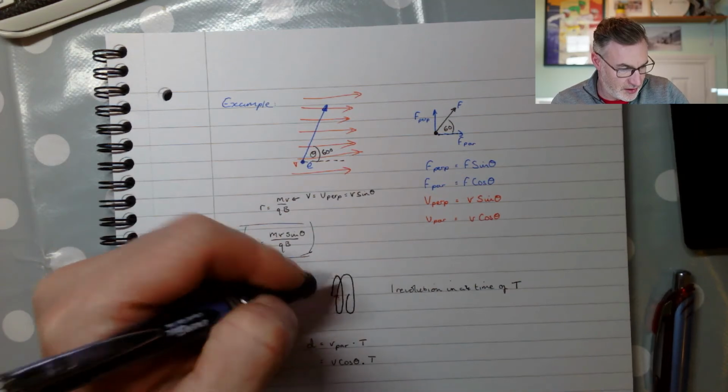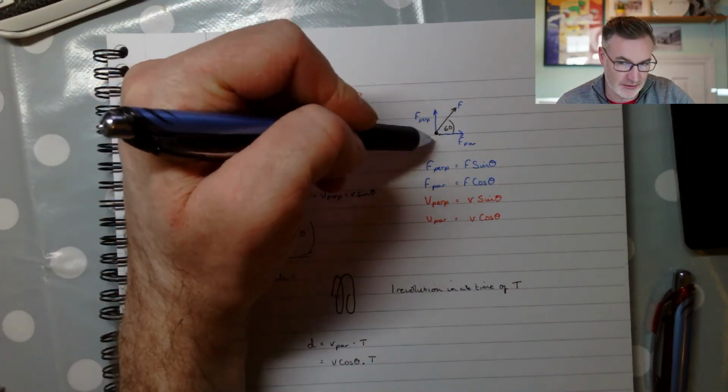Okay, so the period is going to be determined by the perpendicular velocity.